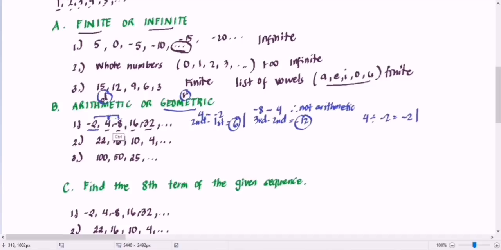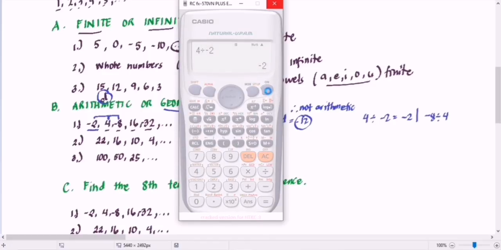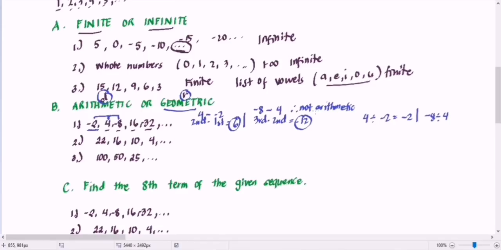So, ito naman, negative 8 divided by 4. Kanina minus kasi arithmetic yung tinetest natin. Ngayon, geometric, divide. So, ilagay lang ulit natin sa calculator. Okay, naghang yung calculate natin. So, divide lang natin. Negative 8 divided by 4 is also equal to negative 2.